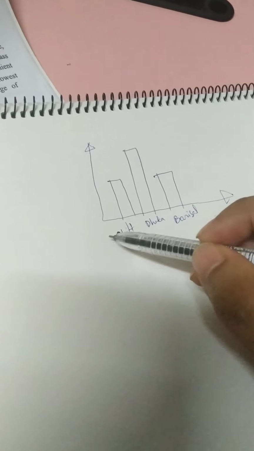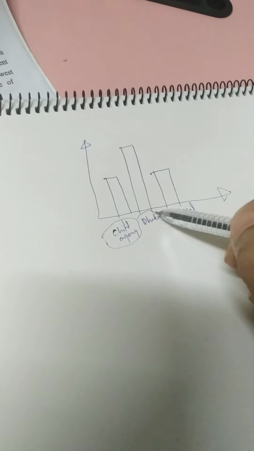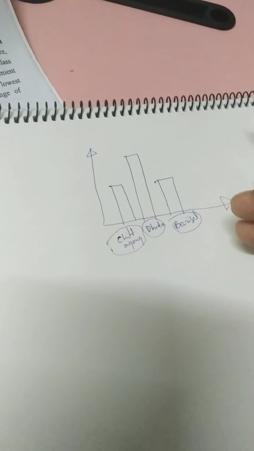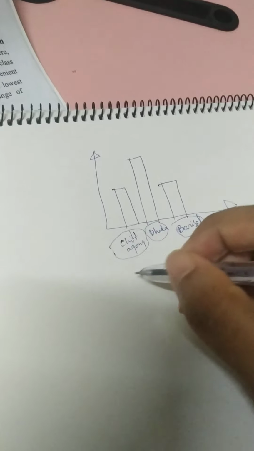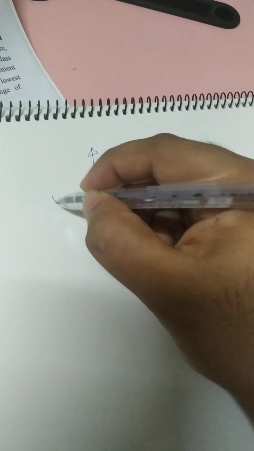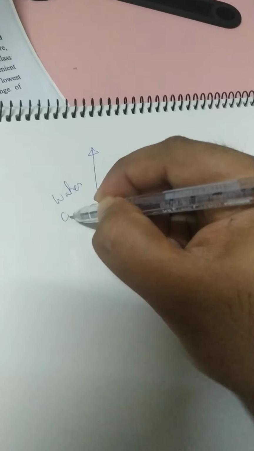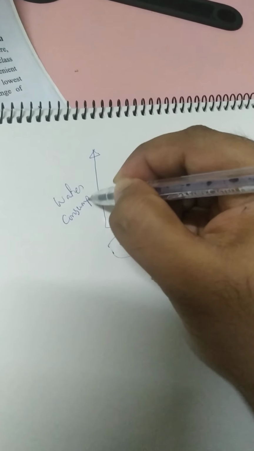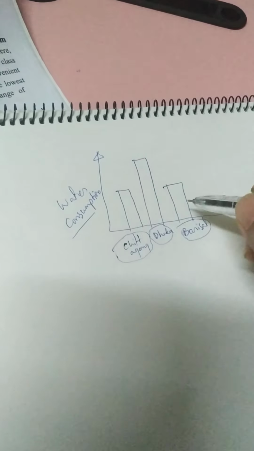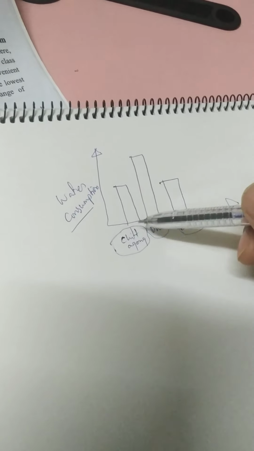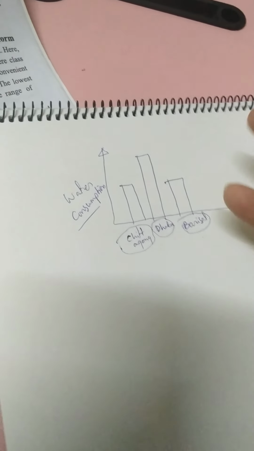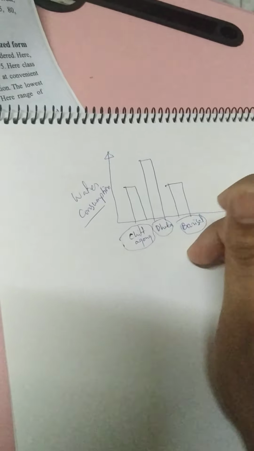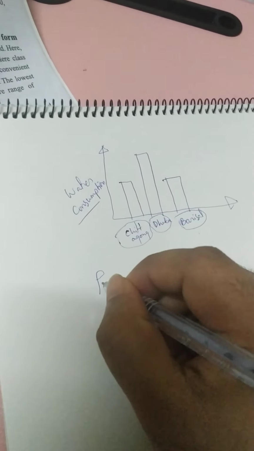If I've gone to Chittagong myself, gone to Dhaka myself, and gone to Barisal myself and done a survey and collected the data of water consumption, let's say in this table I've created for water consumption, then the data that I have collected is known as primary data.